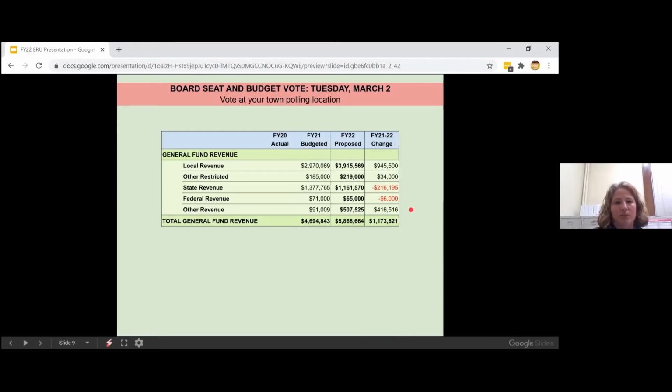Oh, the other revenue, that was tuition, right? That's the use of the remaining fund balance. Oh, yes, we're right. Sorry. So yes, as you can see, the article that was on the warning asked for $500,000 to put in a capital reserve fund.